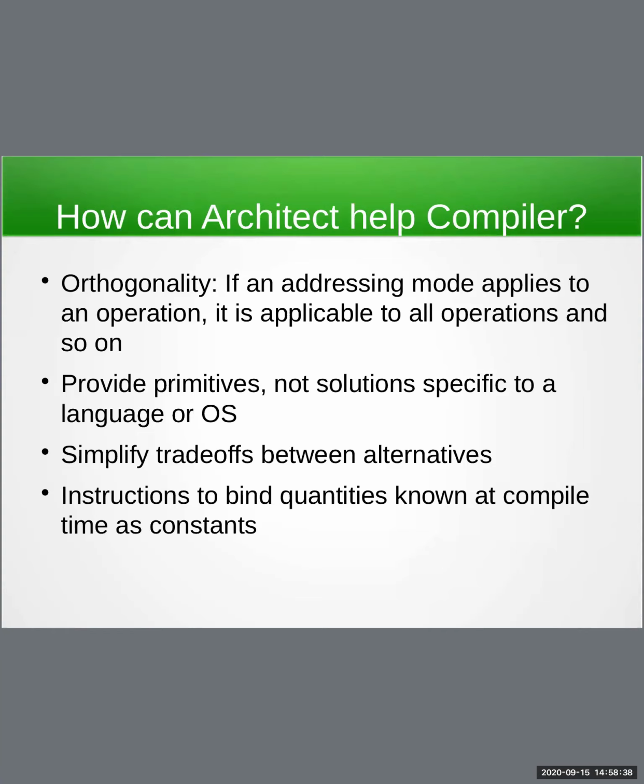It should be easy for the architect to decide which alternative is more meaningful, right? So once upon a time, they would use less code size, for example, as a trade-off. Okay, especially because in those days the amount of RAM used to be very small. So having small code size was a good trade-off for the compiler.